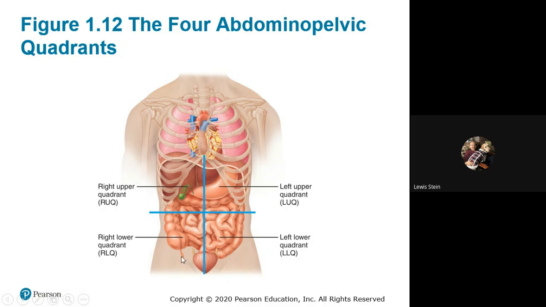Here's the appendix, left lower quadrant. You might have intestinal problems. Think of the next 10 times someone tells you they have a stomach ache, ask them where it hurts. They'll probably point to 10 different areas. It's very hard, you don't get a lot of message to your brain about specifics. You have abdominal discomfort, it's in different areas.